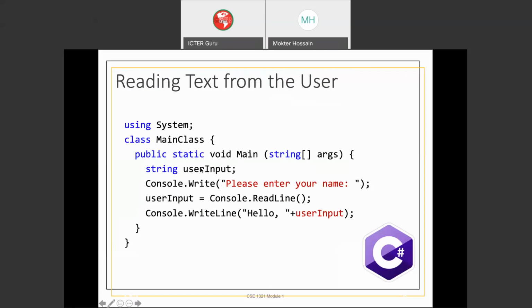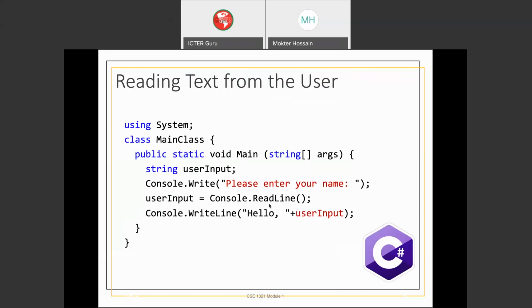Since my variable here is a string type, I can use any kind of data, alphanumeric data, characters and strings, and it will take my input and I press the enter key.